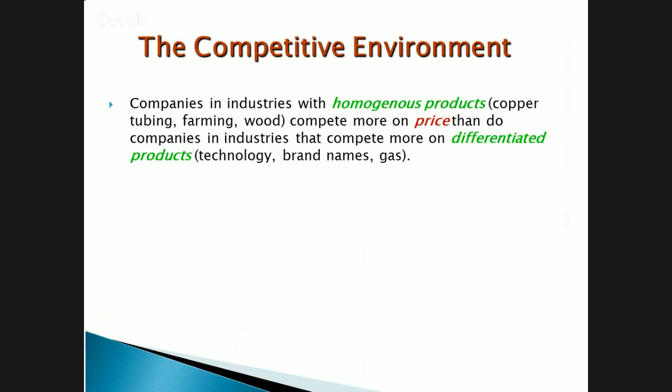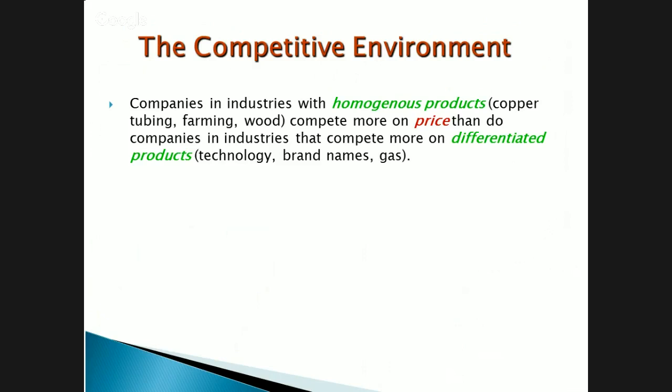This means that where these homogeneous products are less scarce, or they can produce or distribute them more efficiently, they're able to sell those goods cheaper than in other countries or areas. So that gives them a competitive edge.